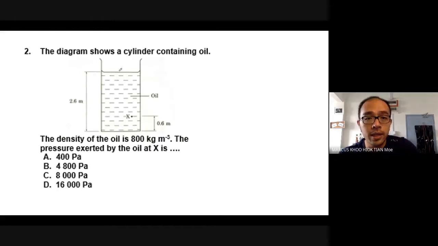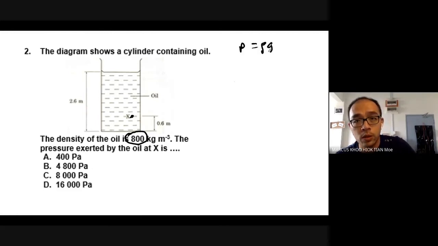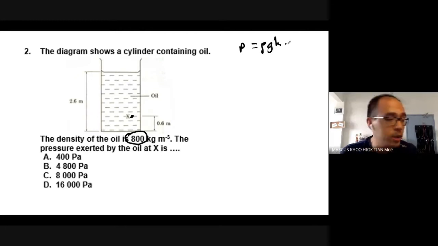The diagram shows a cylinder containing oil. So this is oil over here, and the density of the oil is given here. Tell me what the pressure at this point is. We use the same formula, P equals rho g h. Okay, 20 seconds.